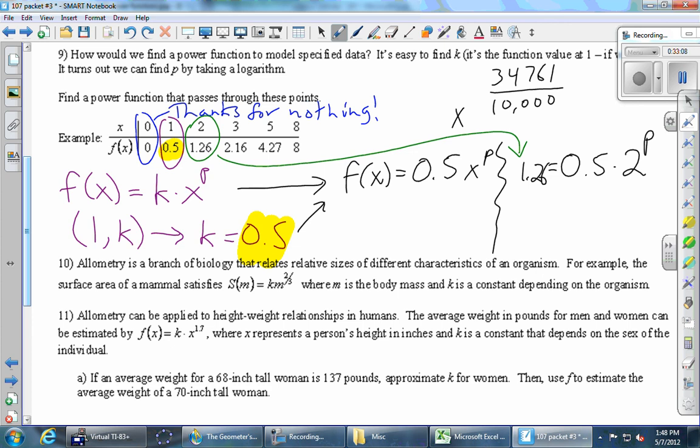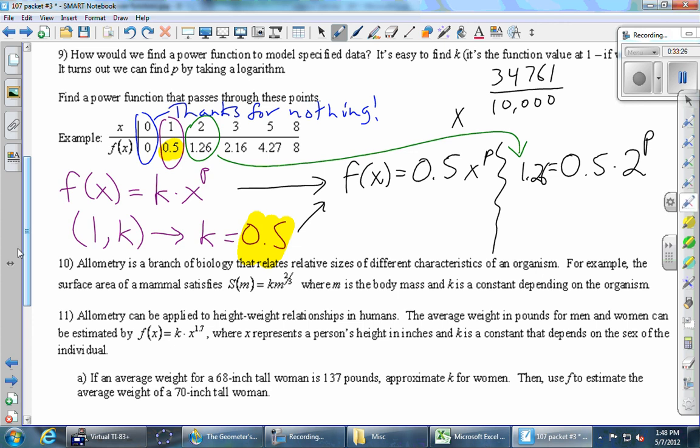Where is the unknown in this equation? It's in the exponent. What technique do we use to solve when the unknown is in the exponent? We use logs. Okay, do I take the log right now? No. First, we need to get what out of the way? The 0.5.